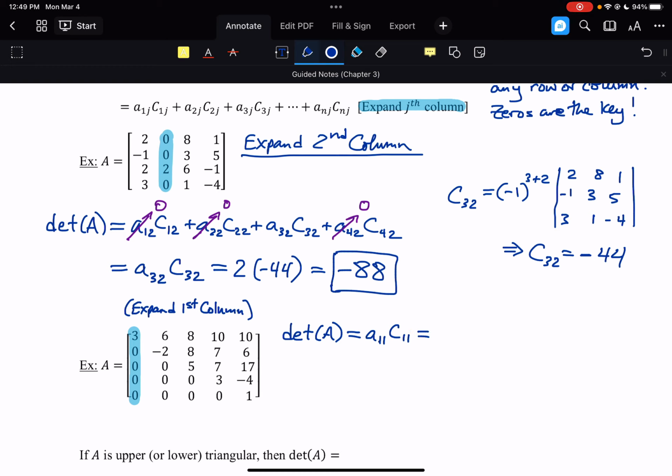So A11, C11 is going to be -1 to the 1 plus 1. So that's going to be +1 times the minor at the 1, 1 position.